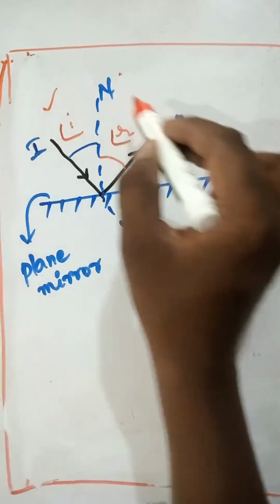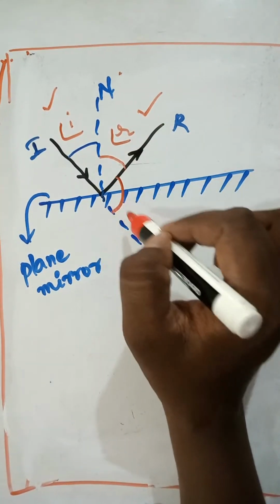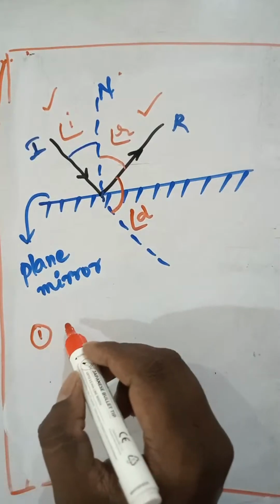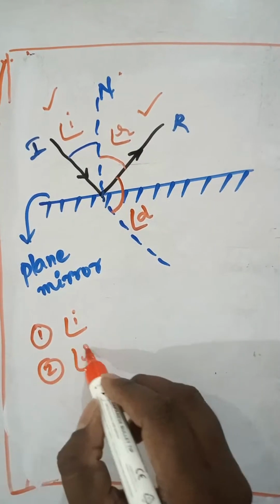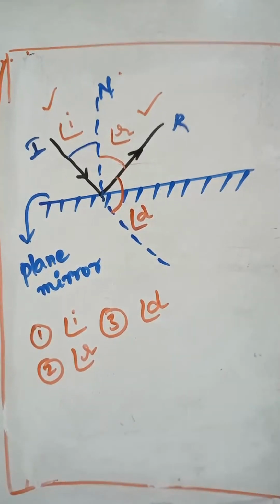The angle between the reflected ray and the undeviated line is called the angle of deviation. So the first is the angle of incidence, the second is the angle of reflection, and the third is the angle of deviation.